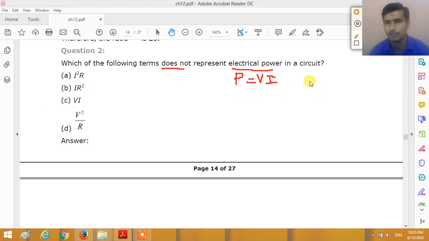So from this formula we know that according to Ohm's law, V is equal to I into R, right?